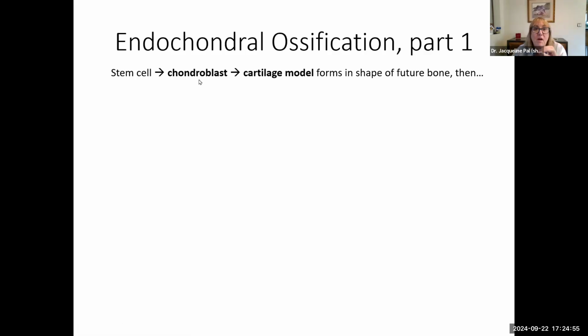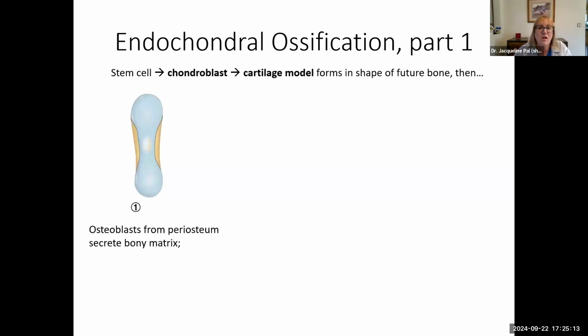So they became chondroblasts, and then they became chondrocytes, and they made cartilage in the shape of the future bone. So for endochondral ossification, we're starting with a piece of cartilage. That's why we're starting with something that's blue, a piece of cartilage.